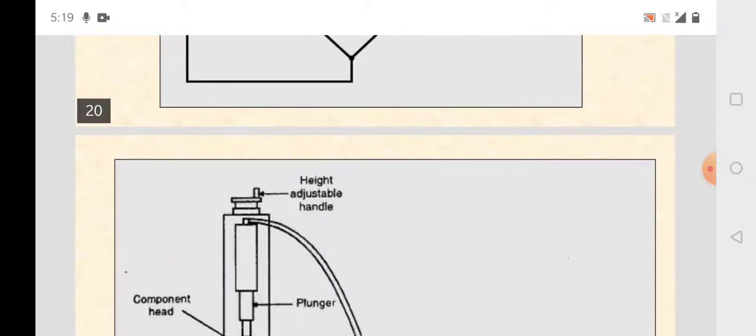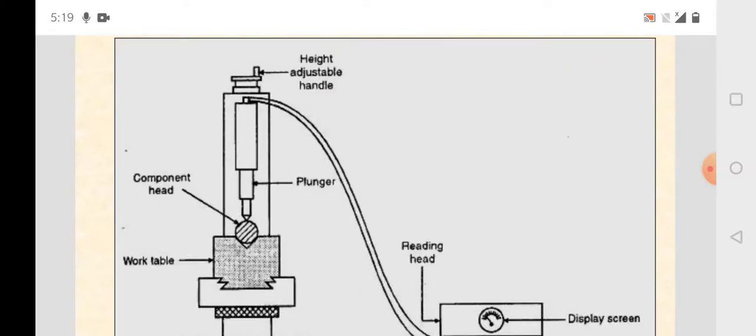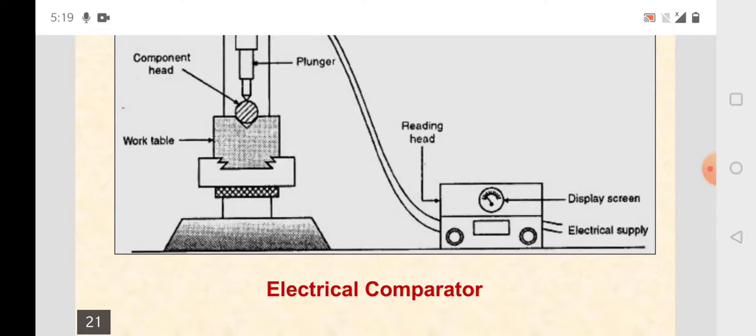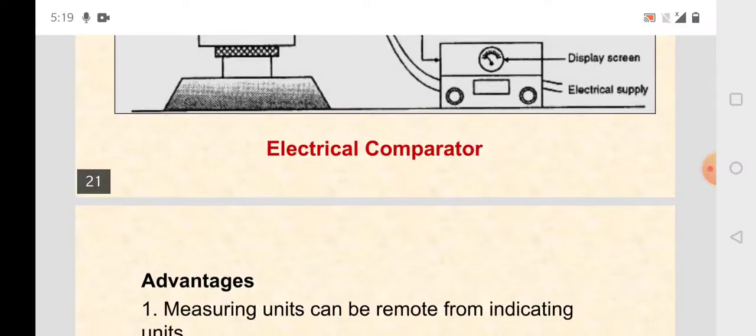But with the pneumatic comparator, electrical comparator, or optical comparator, we can magnify the variations thousands of times, and we can easily check or detect very small or minute variations in the workpiece.